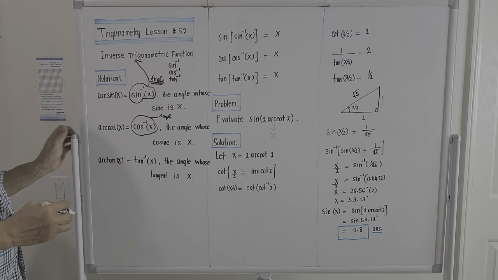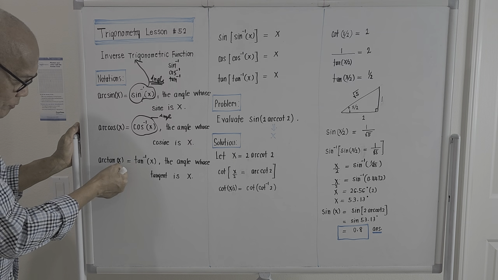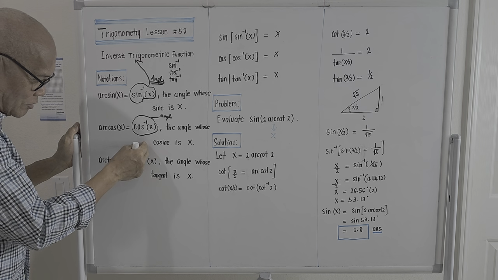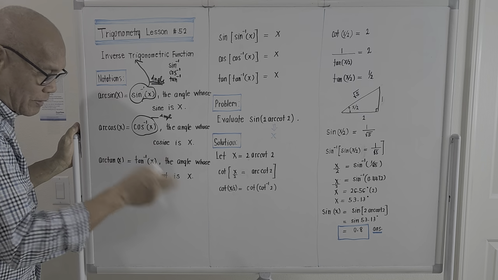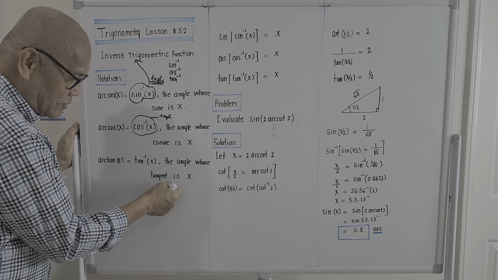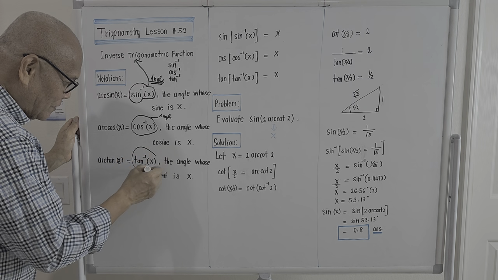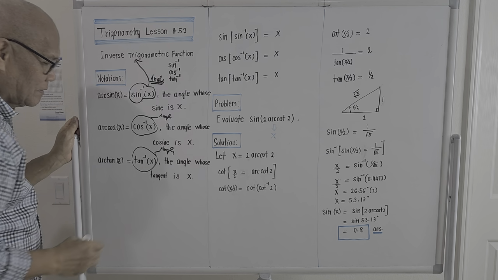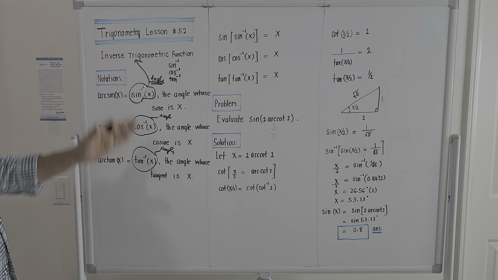The third one, arc tangent of x, can be written as tangent to the -1 of x. This can be read as simply the angle whose tangent value is x. So this is also an angle. That's how we read this one.